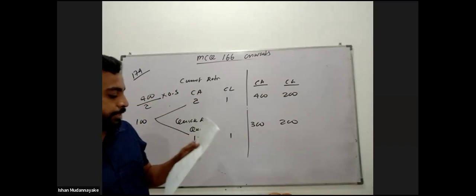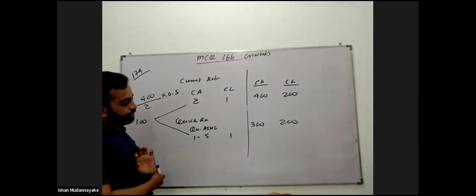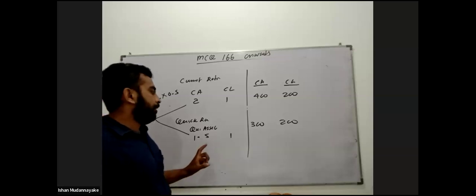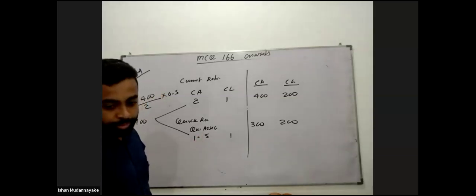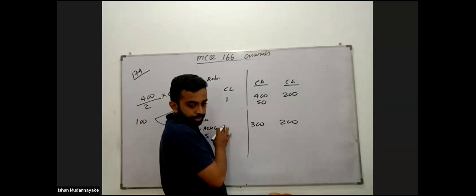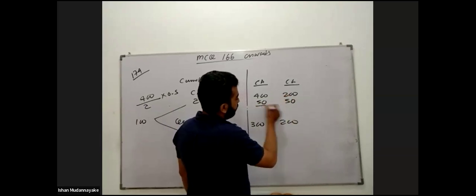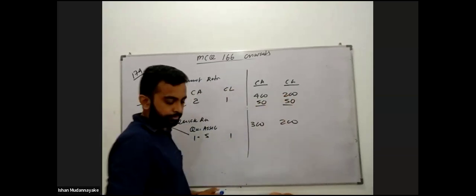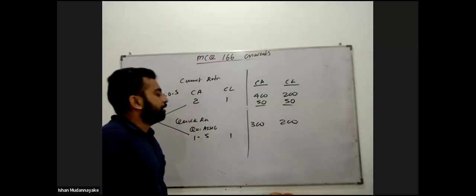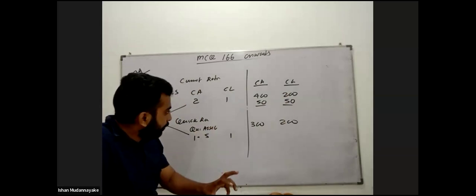If you record the purchase invoice of 50, what will happen? Stocks will increase by 50, and current liability will also increase by 50: creditors account credit, purchase account debit.